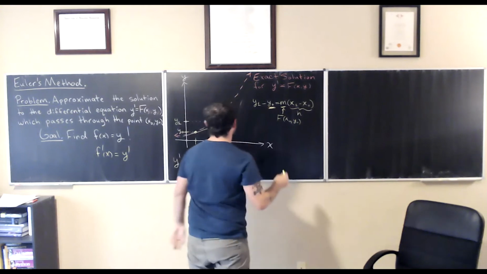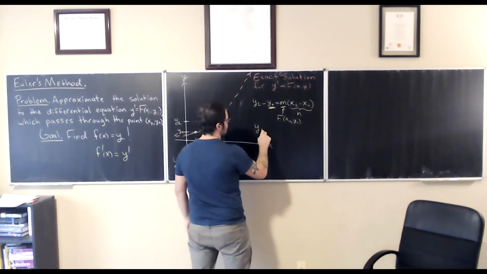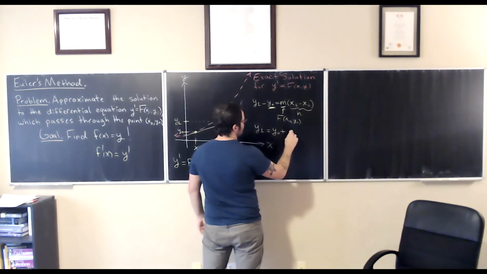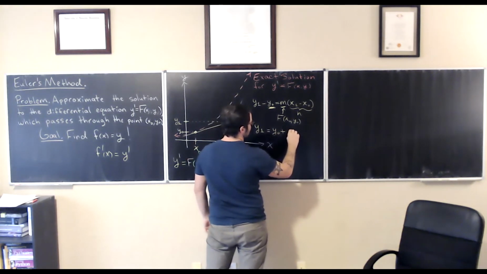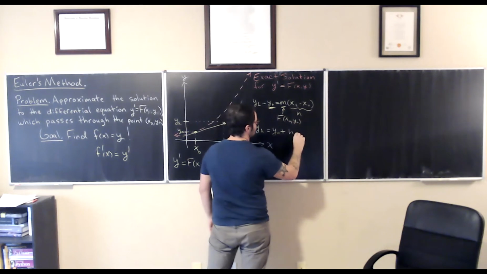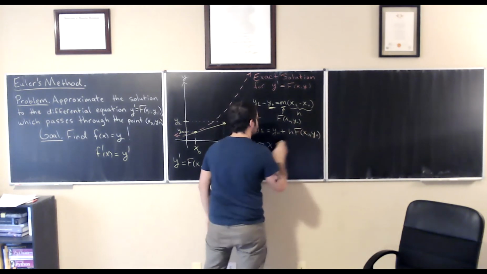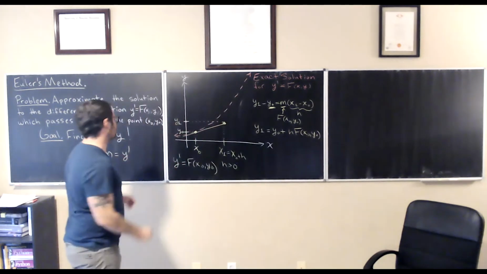So altogether, if we solve, we get that y1 is equal to y naught plus h times f of x naught, y naught. So that's what gives us our y1 here.